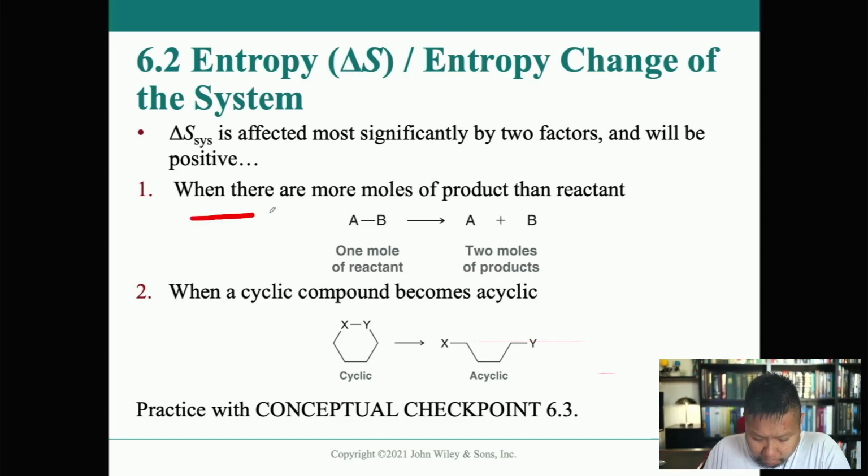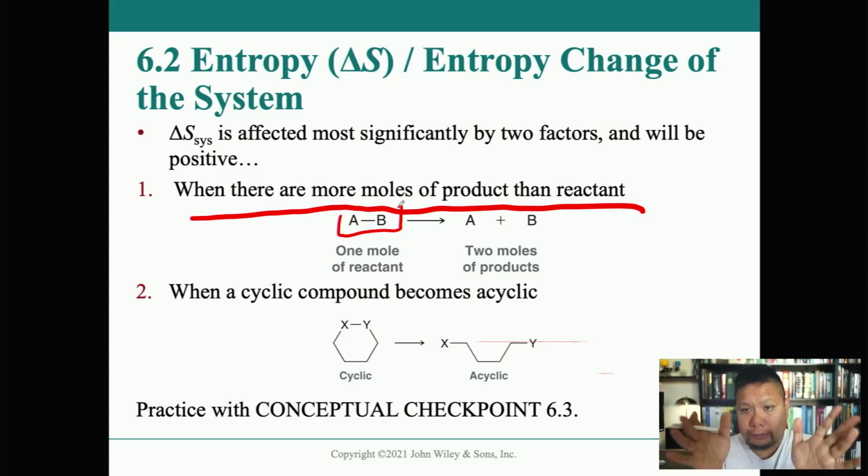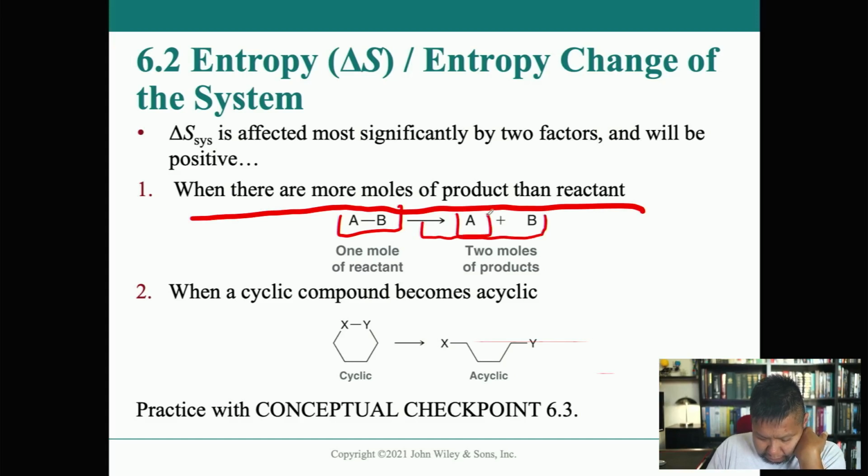Where there are more moles of product than reactants, right? So right now the reactant is a single molecule, and in a decomposition reaction, it breaks down into two molecules.